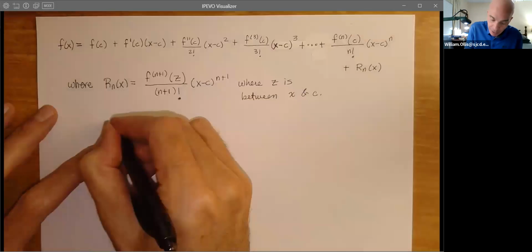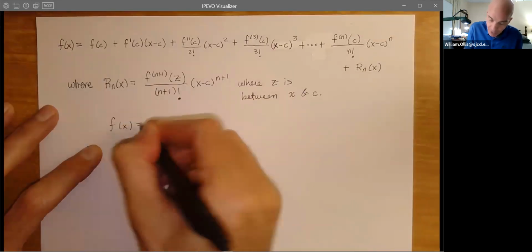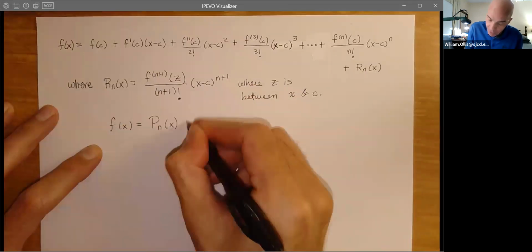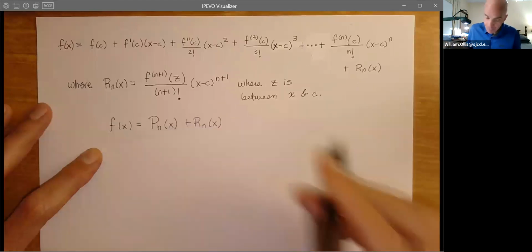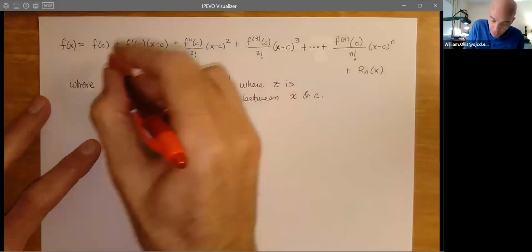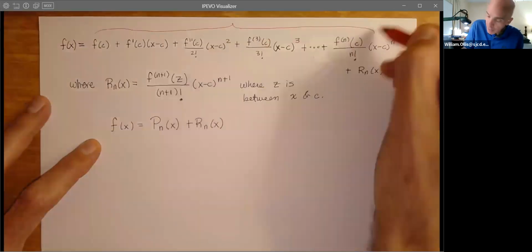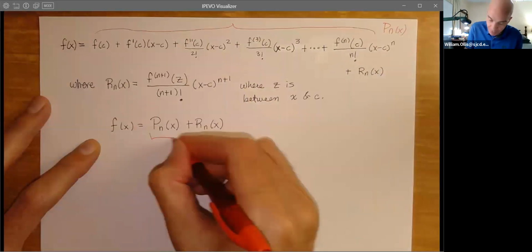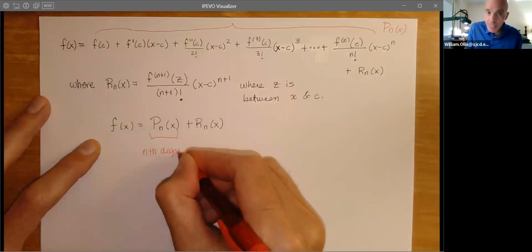So we say f of x is the Taylor polynomial here plus the remainder term. So this part here is the Pn of x. And this is what we call the nth degree Taylor polynomial.